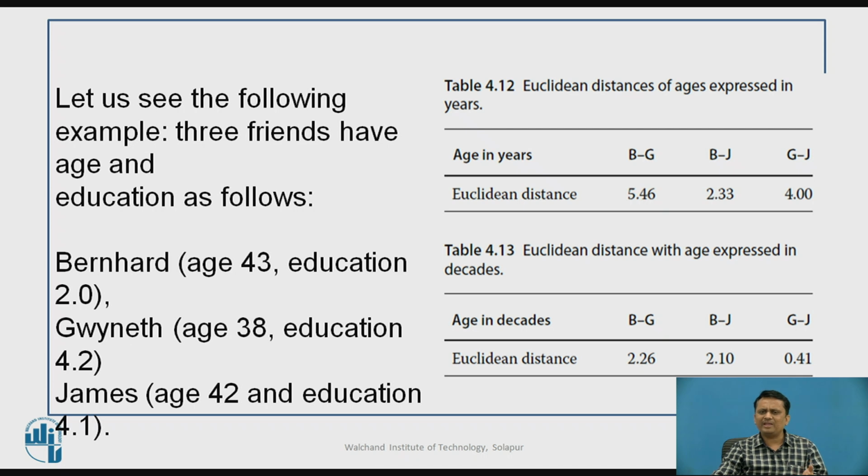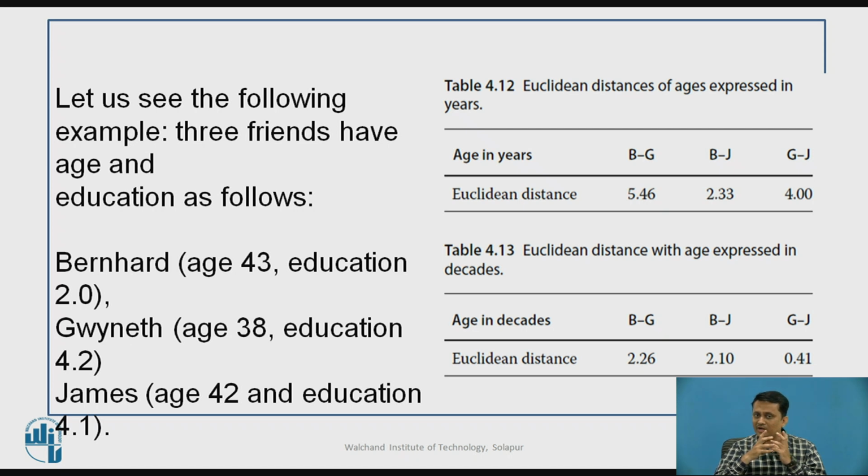And you know that many times when you are analyzing multiple attributes, when you are doing multivariate analysis, the different attributes may take different ranges. You know what the range of an attribute is? It is the difference between the minimum and maximum value. So if they have different ranges and I am using those attributes to calculate the distance, then the attribute having the higher range will have more impact on the distance.